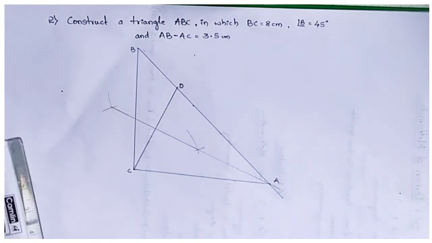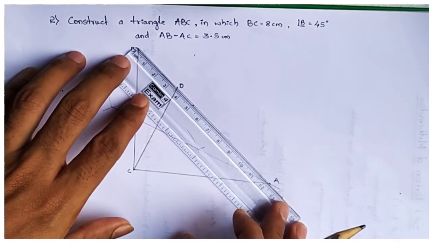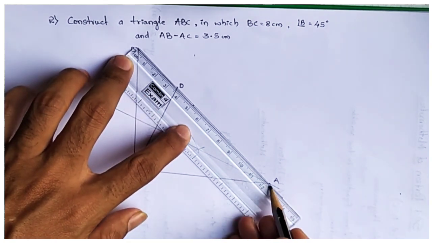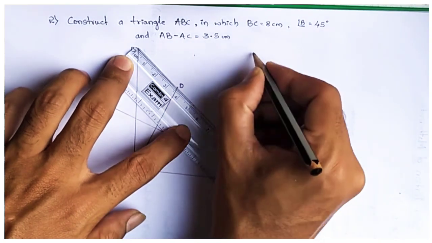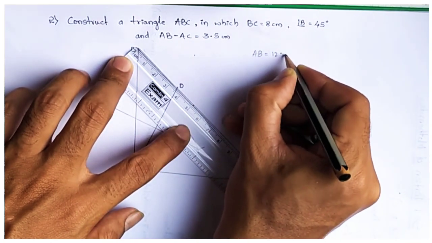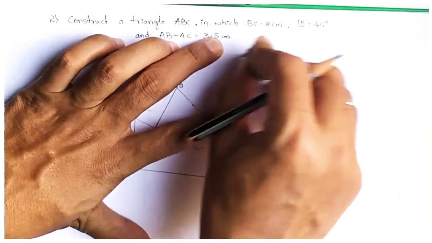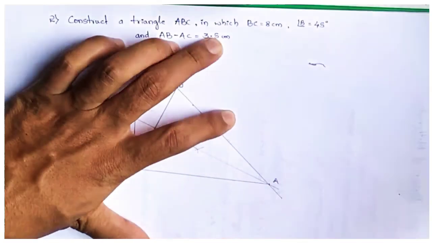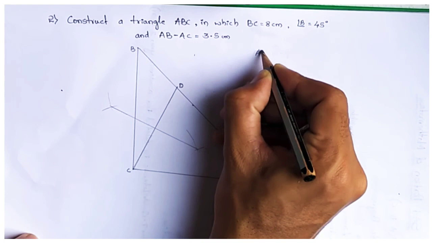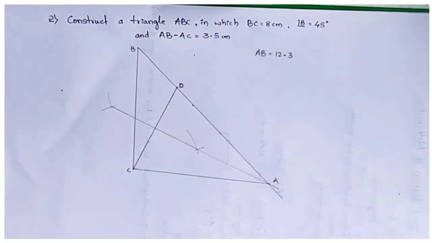What is AB? Check it. AB, how much are we getting here? 12.3. AB equal to 12.3. Next AC.